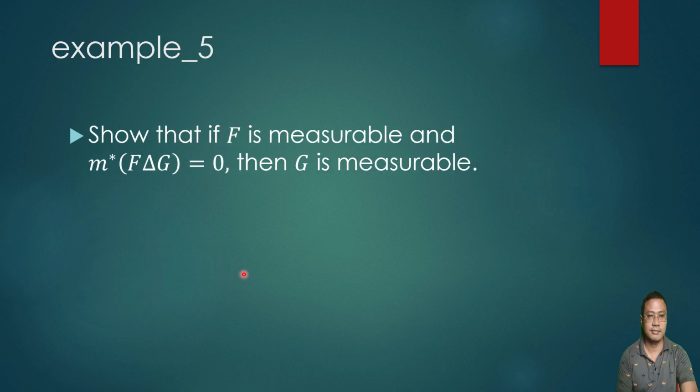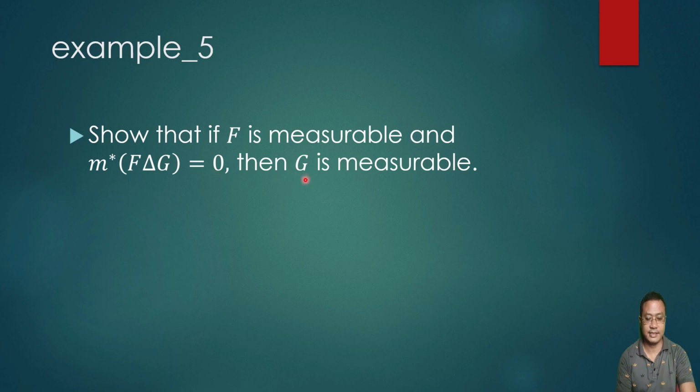So next example: if F is measurable and m star of F symmetric difference G is equal to 0, then G is measurable. So what we are going to do is assume that F is measurable and m star of F symmetric difference G is equal to 0, then we are going to show that G is measurable.